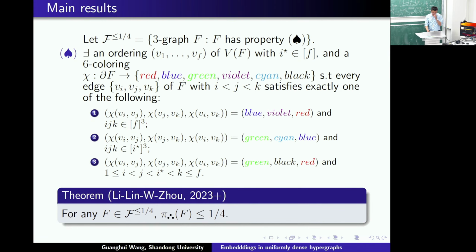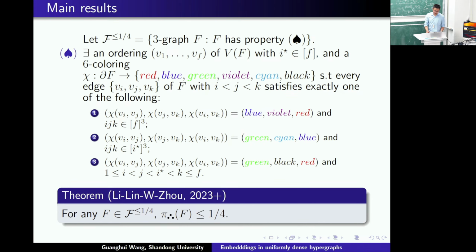Okay, our main result is that we give a sufficient condition for the uniform Turán density to be at most 1/4. So it's a little complicated. What's the sufficient condition?